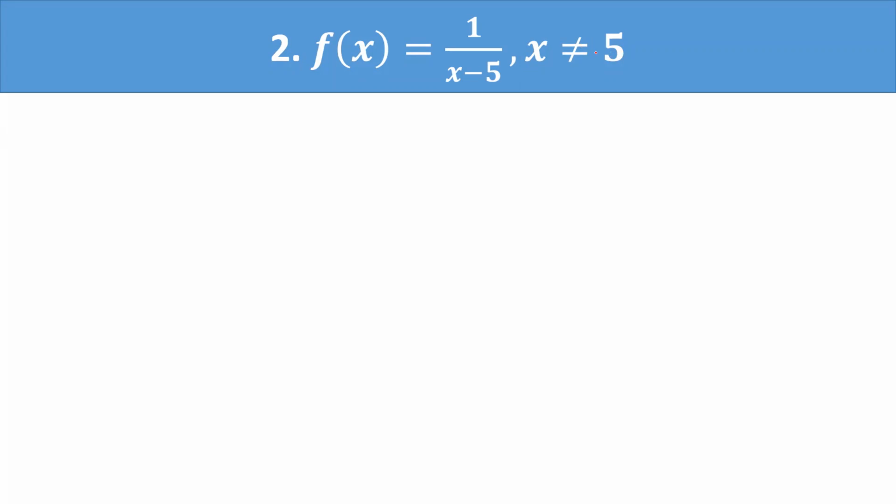Why can x not be equal to 5, students? What happens to the function if x is equal to 5? Just substitute the value of x as 5 in the function and check what happens. Can anyone tell me why we cannot put x equal to 5 here?